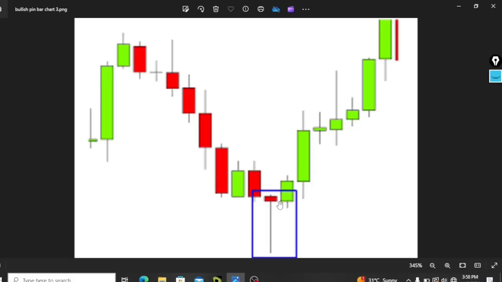As an intelligent trader, what you are supposed to do is to quickly position yourself in order to trade to the upside. As soon as the next candle appears and begins to turn positive, turn bullish, you should not hesitate.